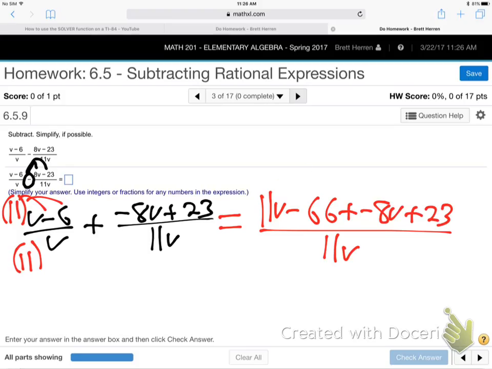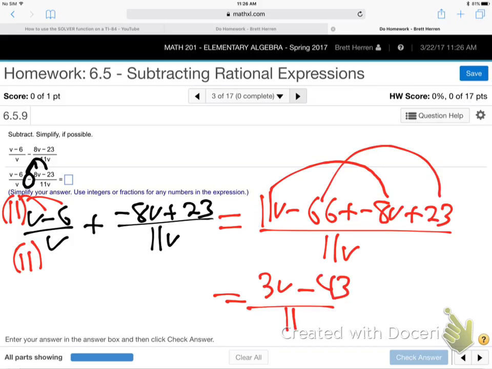And just combine them. 11v minus 8v, what's that, 3v? Minus 66 plus 23, was that minus 43? Over 11v. That's it. That good? So never subtract. Instead, add the opposite of the upper right and give them what they're missing.